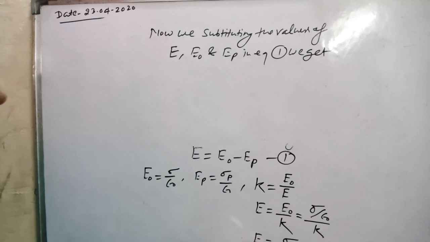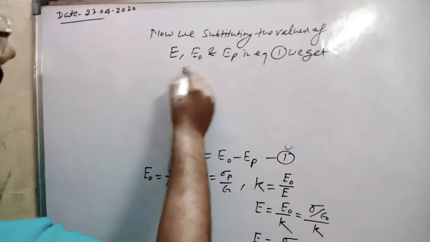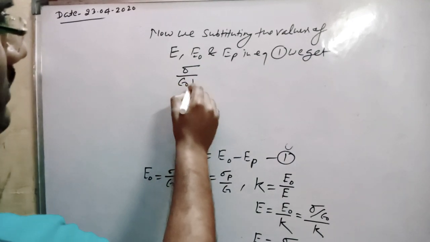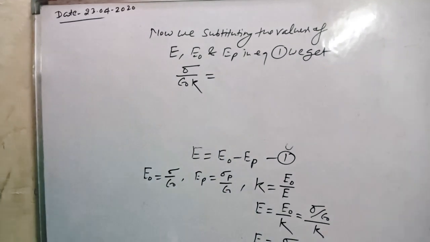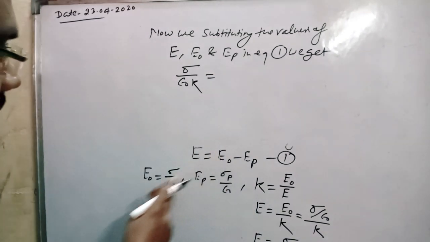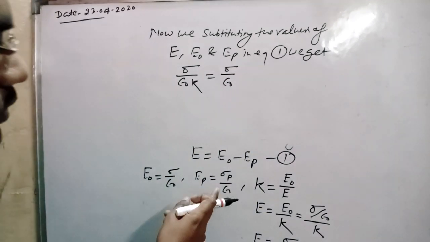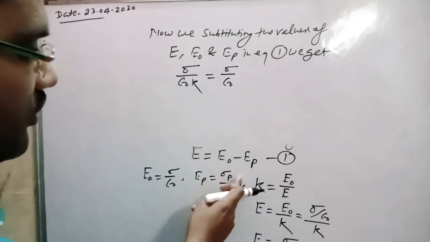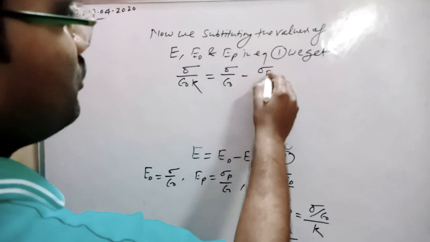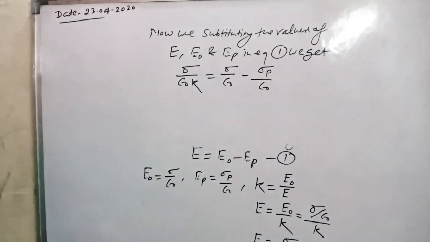What is the value of E? The value of E is sigma divided by epsilon naught K. And what is the value of E naught? E naught is sigma by epsilon naught. And what is the value of EP? Sigma p divided by epsilon naught.